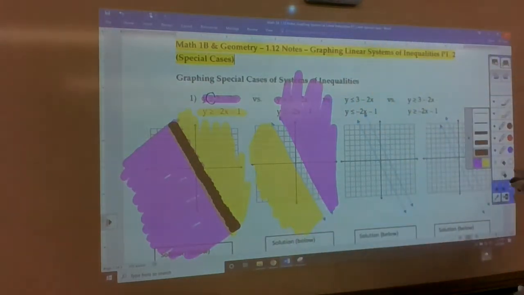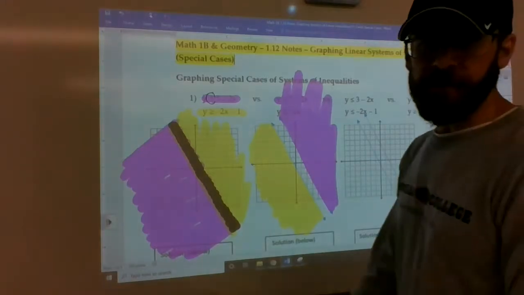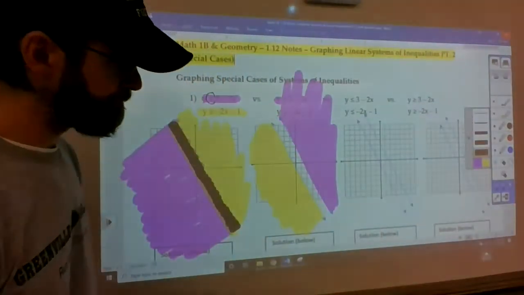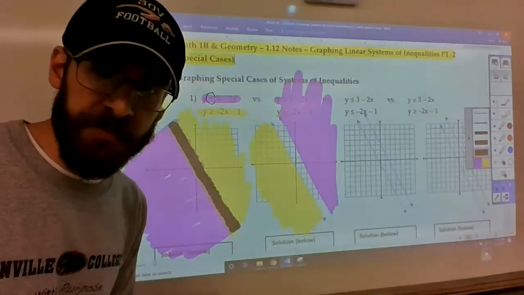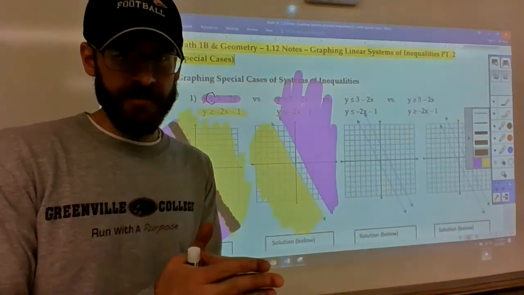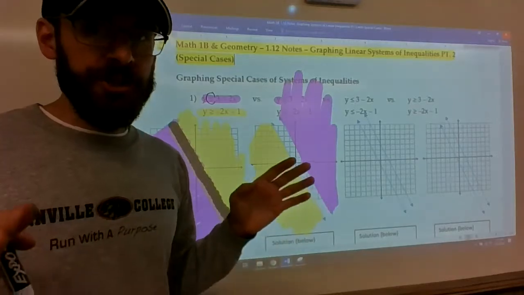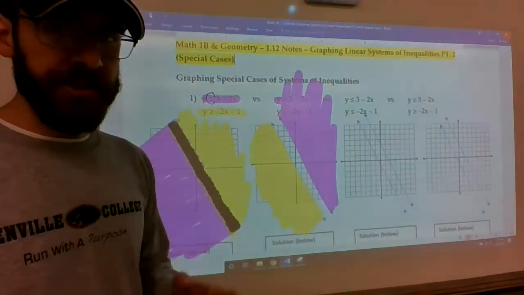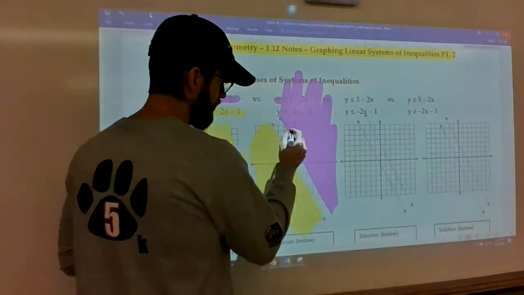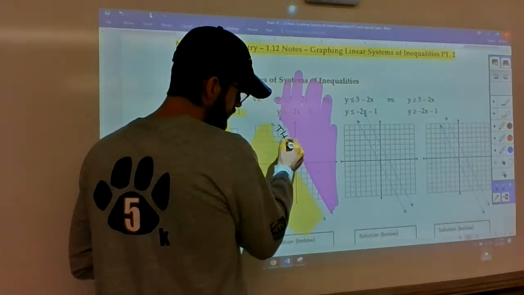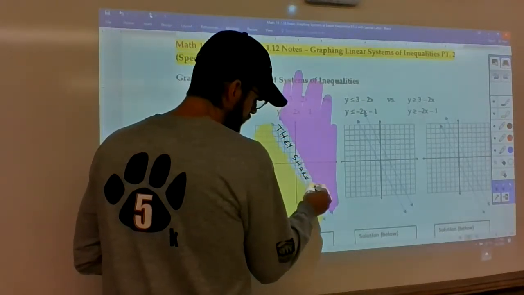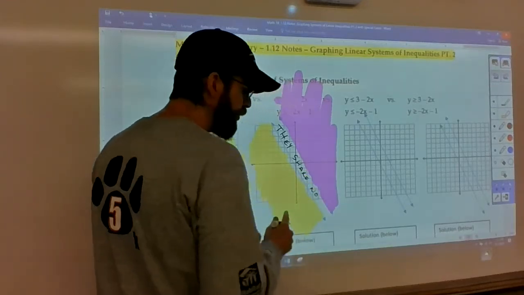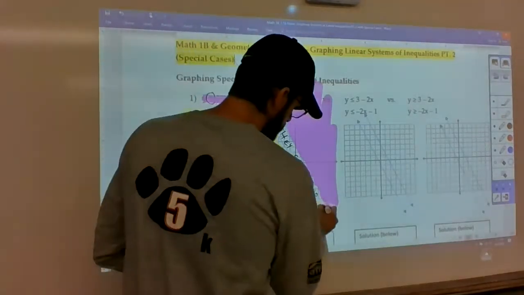So what's the shared space between the magenta and the yellow? There is no shared space. They don't intersect. There's no shared shaded region. They share no space, no shaded region.